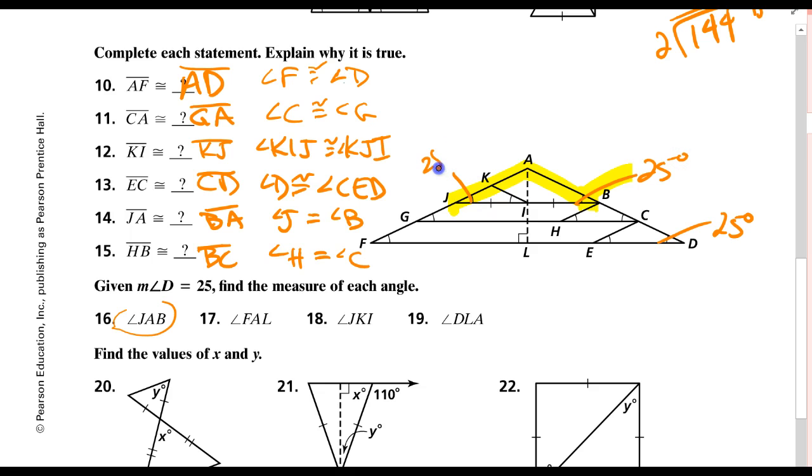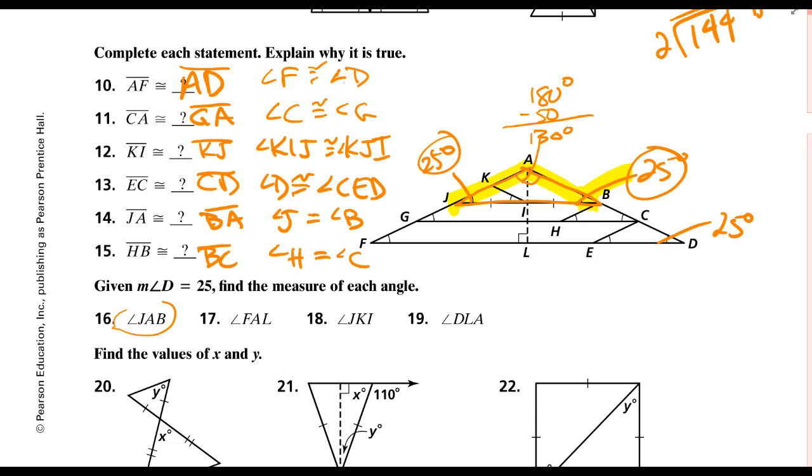And that guy's 25, because those are congruent, we already knew that. So that means I have a triangle right here, and I need this angle. So I've got 180 degrees in my triangle. I know about these 25 and 25, that's 50. So this angle right here would be 130 degrees. Okay, what else?